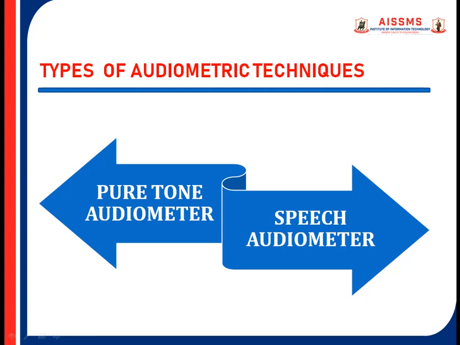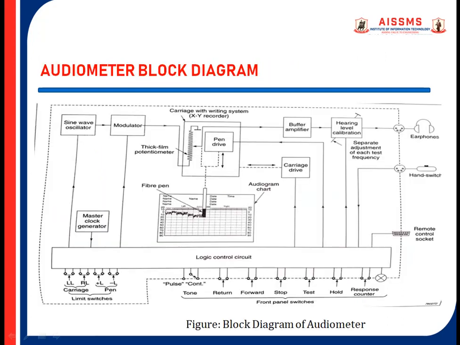The types of audiometric techniques are pure tone audiometer and speech audiometer. Now we will see the block diagram of audiometer. George von Békésy, a Hungarian scientist, designed an audiometric testing method for plotting the hearing threshold based on the patient's signal. It consists of electrical and mechanical sections.